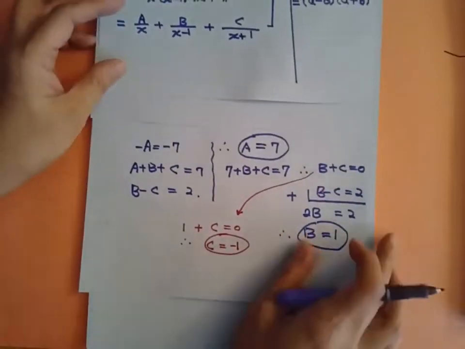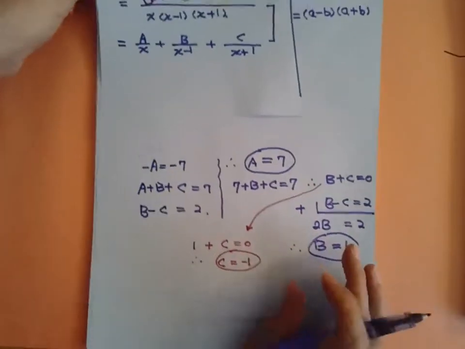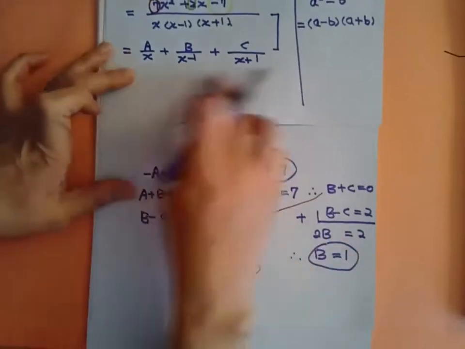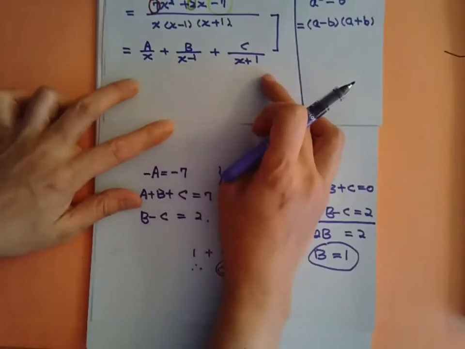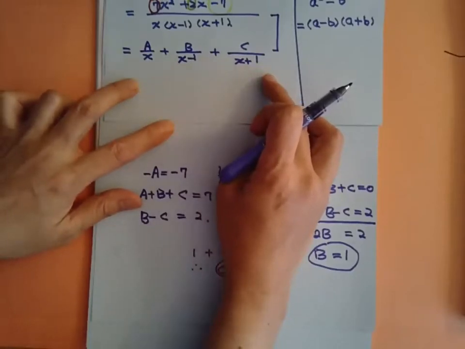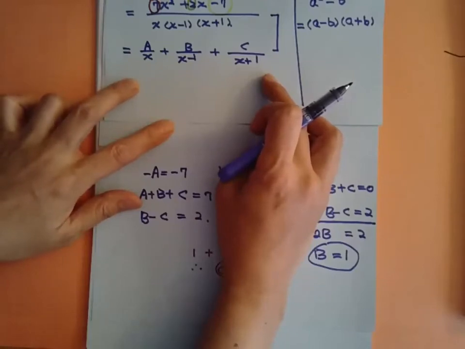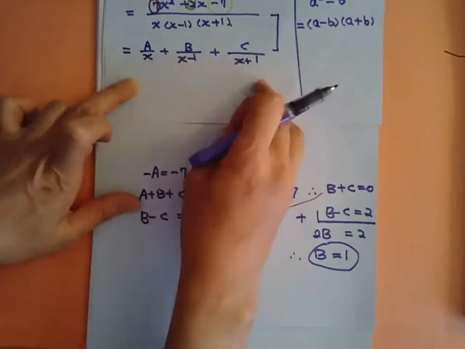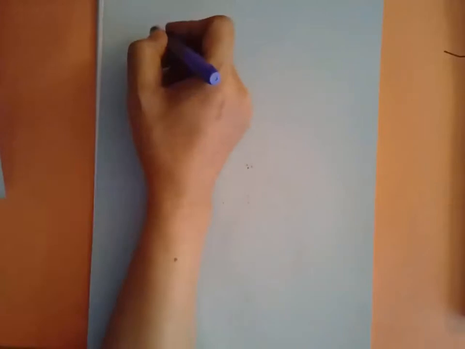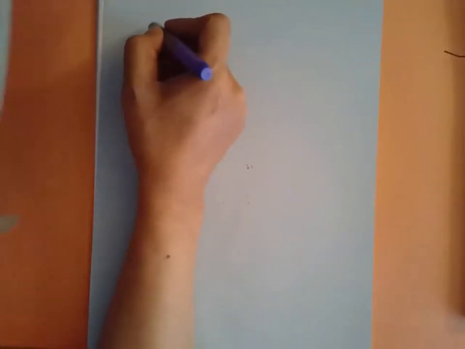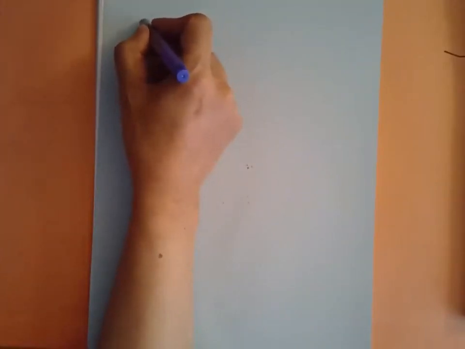What we will do is put this result here to get 3 separate fractions. And then when we think about the integration, we can just apply natural log for each term, right? So let's go back to the original question.